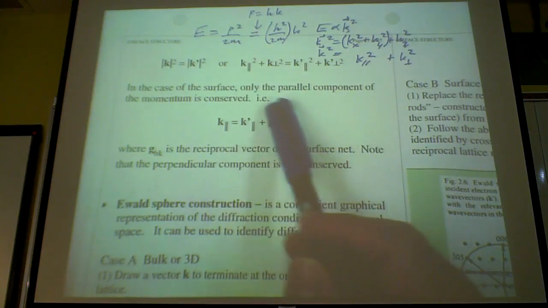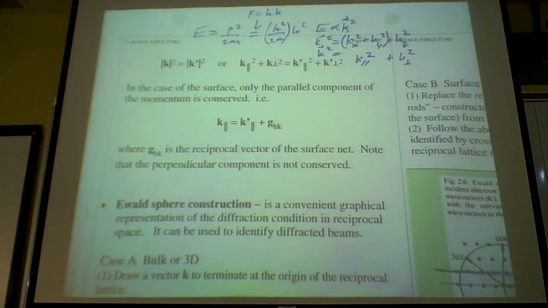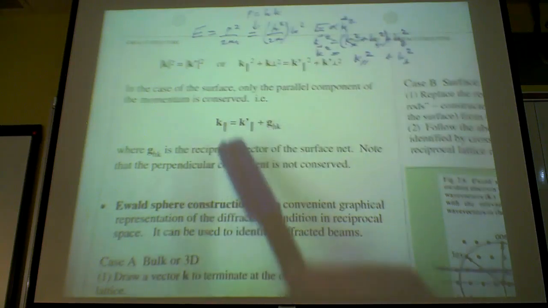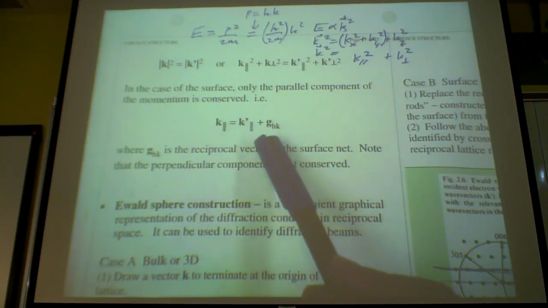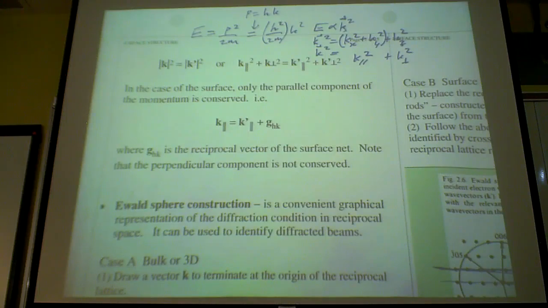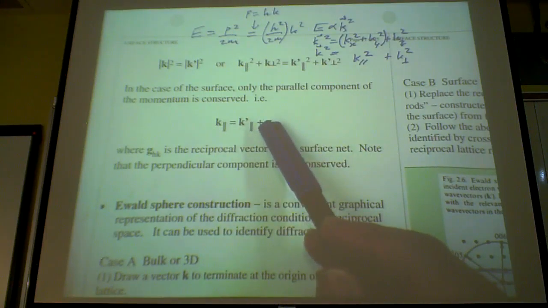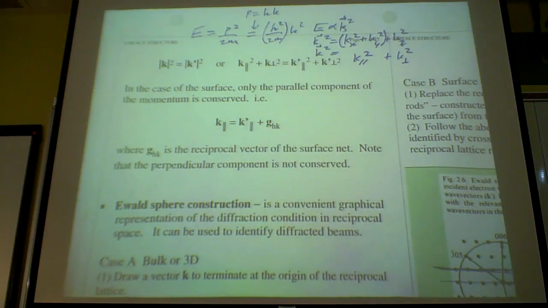That's really the same as what we are talking about in 3D X-ray diffraction, whereby you have k incoming equal to k outgoing plus a big G, where G here is a 3D residual space vector, hkl. And this is just a residual net vector on the 2D surface, so it's completely parallel.